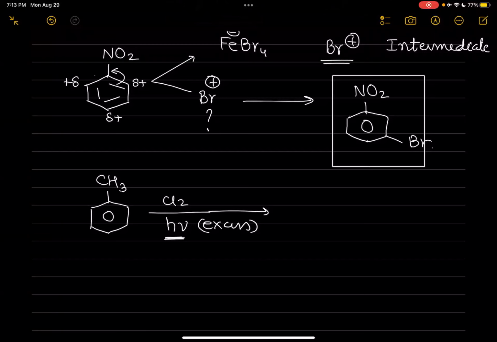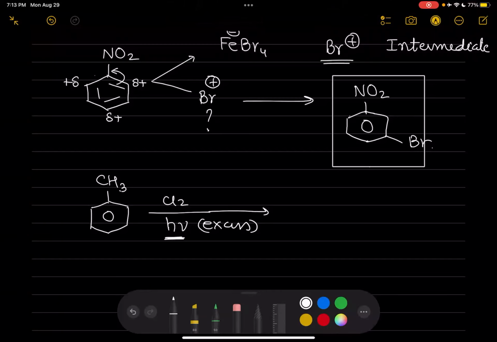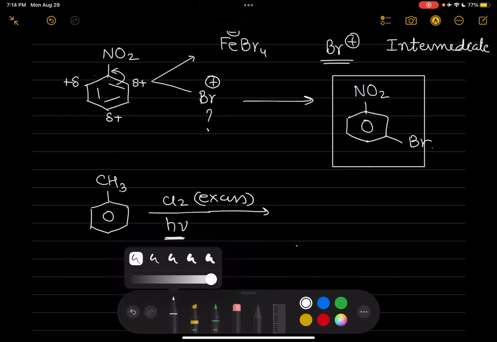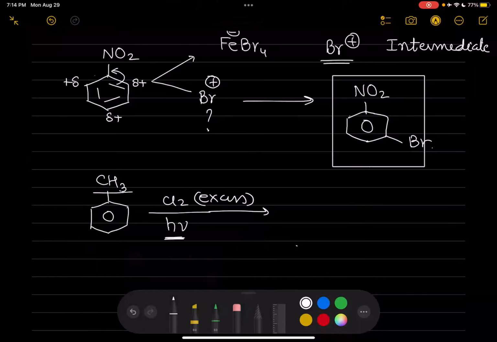And because we have taken excess chlorine, how many Cl do I need to put on the side chain? This is a side chain halogenation of the alkyl. Normally, if nothing is given, we connect only one Cl. But in this case, how many Cl do I need to connect on this methyl?